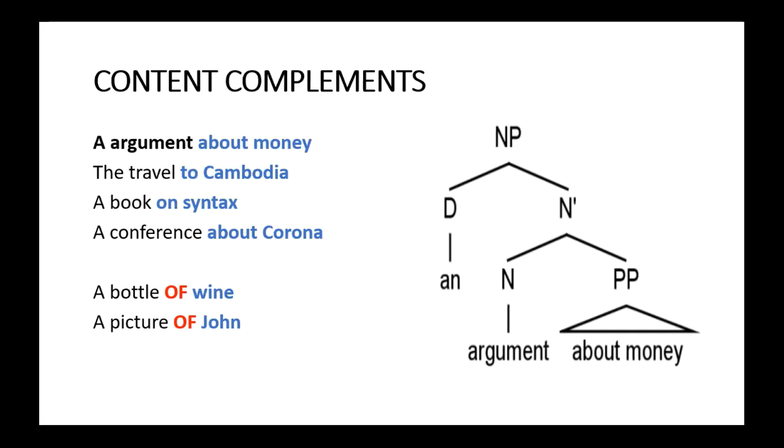John is inside the picture, okay? So in this case, John is the content of the picture. Now, John is also the complement, and this of that appears in a picture of John is going to be inserted, just like the examples that we saw before, okay? So arguments that denote content are analyzed as complements. You must remember that.